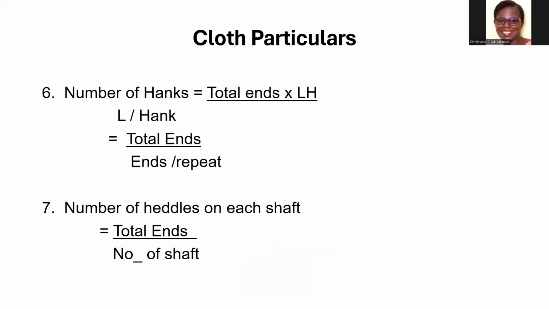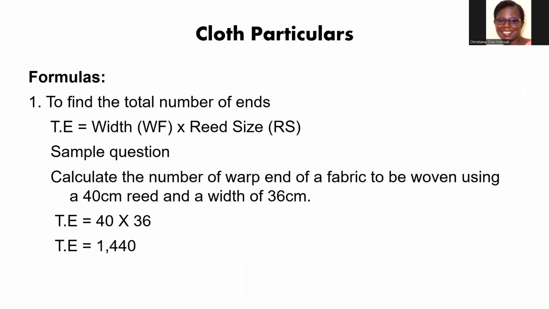So we call something cloth particulars. So let's do some calculations. I want to find out the total number of ends to be used for that particular cloth. So to find the total number of ends to be used for your fabric, what is the formula?